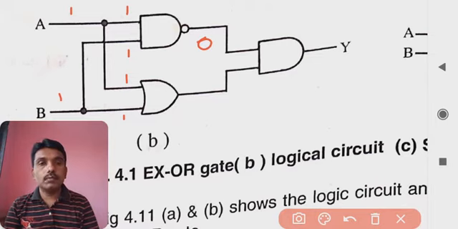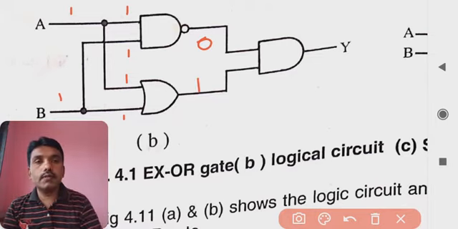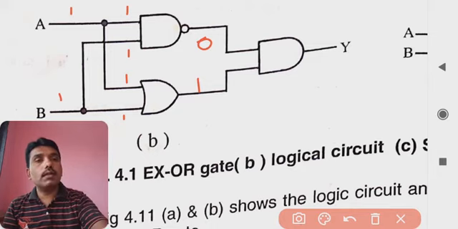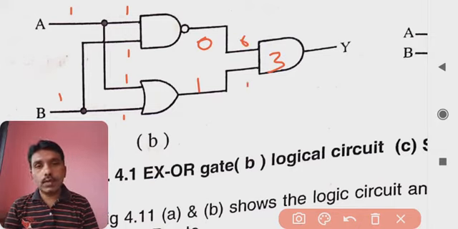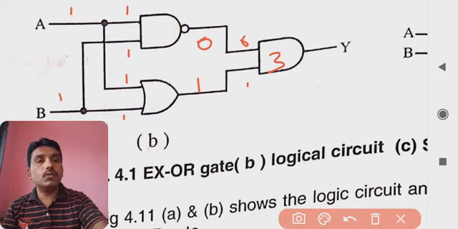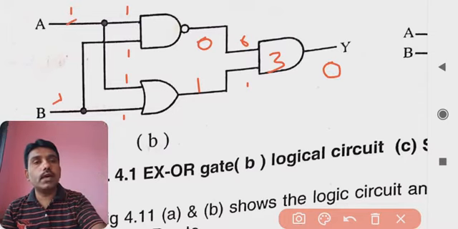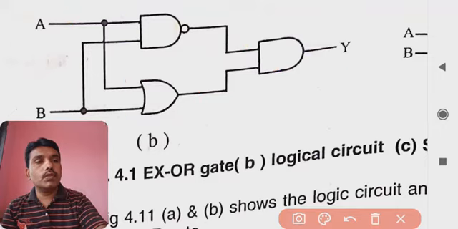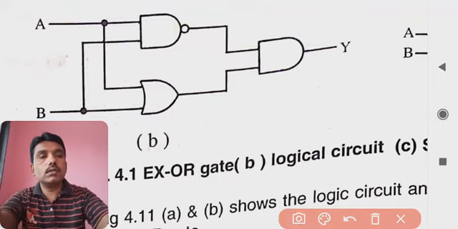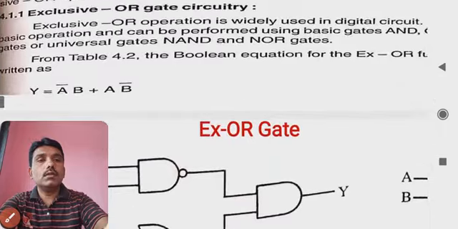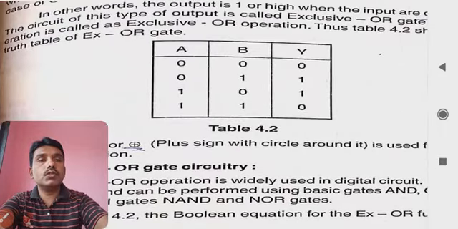That means 1 1. For the OR gate we know if any of the inputs is high, the output is going to be high. Definitely the output will be 1. But for the AND gate, this third gate, we have the input 0 and 1, and we know that only when all the inputs are high is the output high for the AND gate, and definitely for the 0 1 input the output is 0. That means for the 1 1 input we have the output as 0, which will satisfy our fourth condition as shown in the truth table.